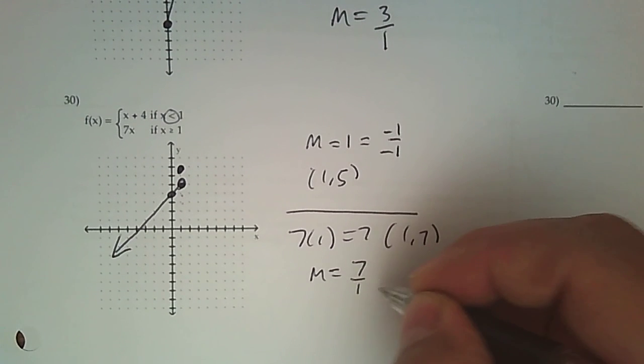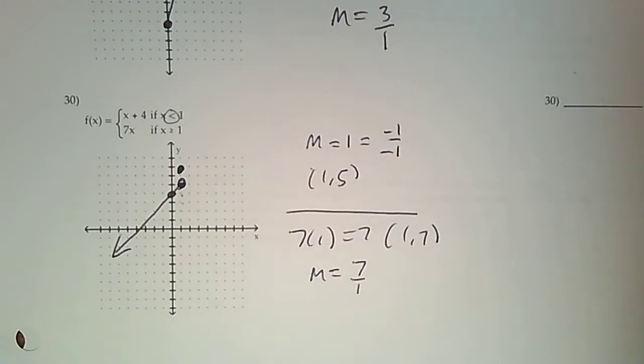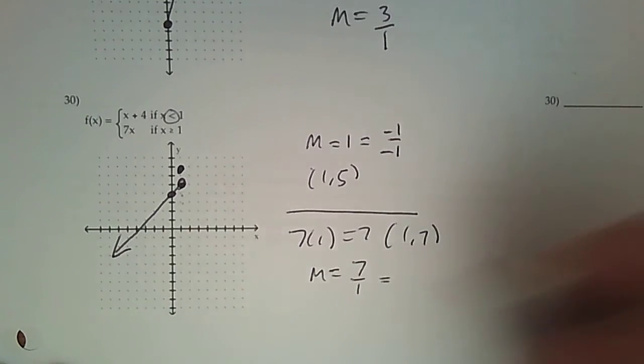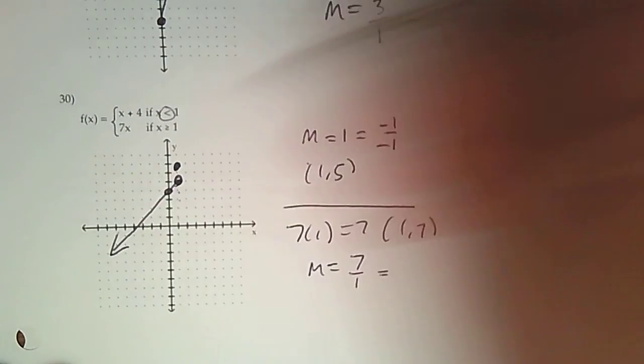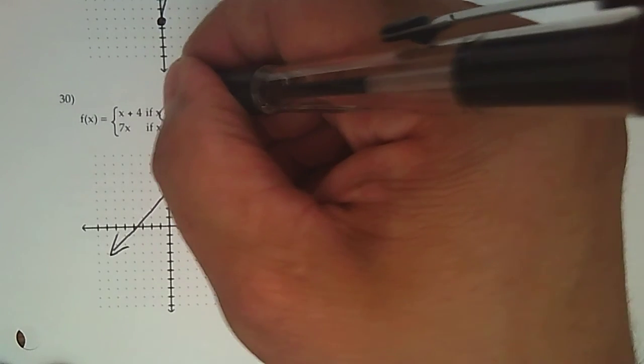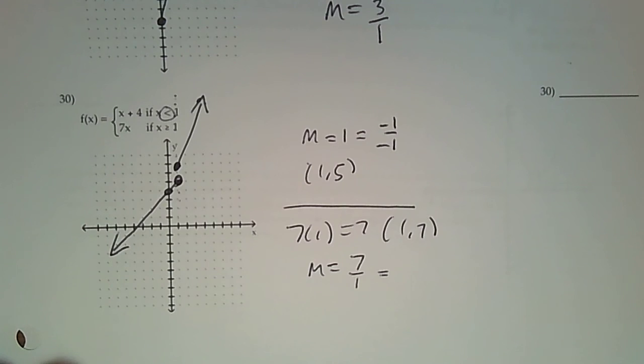Now, the problem with that slope is that it's going to be way off my graph. So if I go up 7 over 1, I can't do it. Well, I have to, because I can't go the other way, so it's only the left. So I have to count up 7, so I'm just going to do it. 1, 2, 3, 4, 5, 6, 7, and over 1. That's kind of what it looks like, and you have it, even though it goes way off your graph at that point.